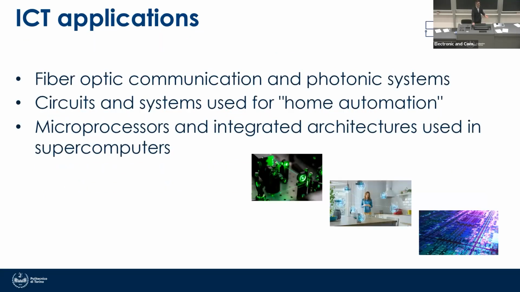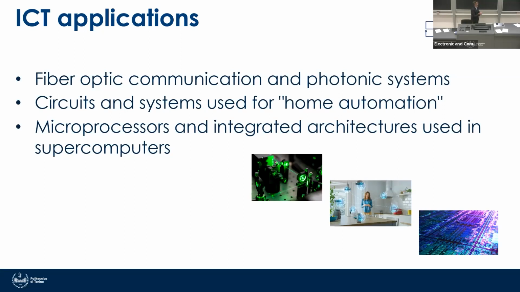Here I listed some applications that are in the area of ICT, and it's something that you start learning, because in the end, a bachelor program cannot give you the full and complete coverage of all these areas. Typically, you complete them in a master.